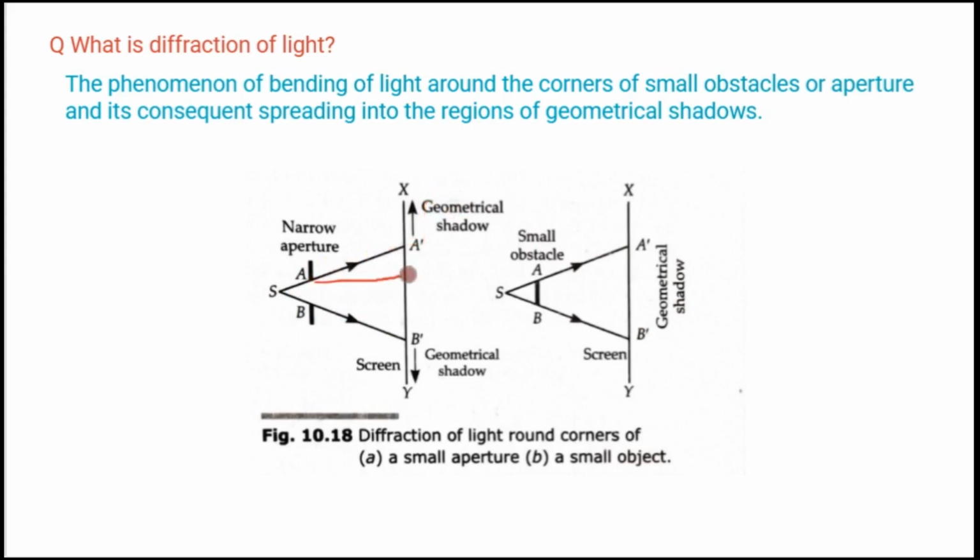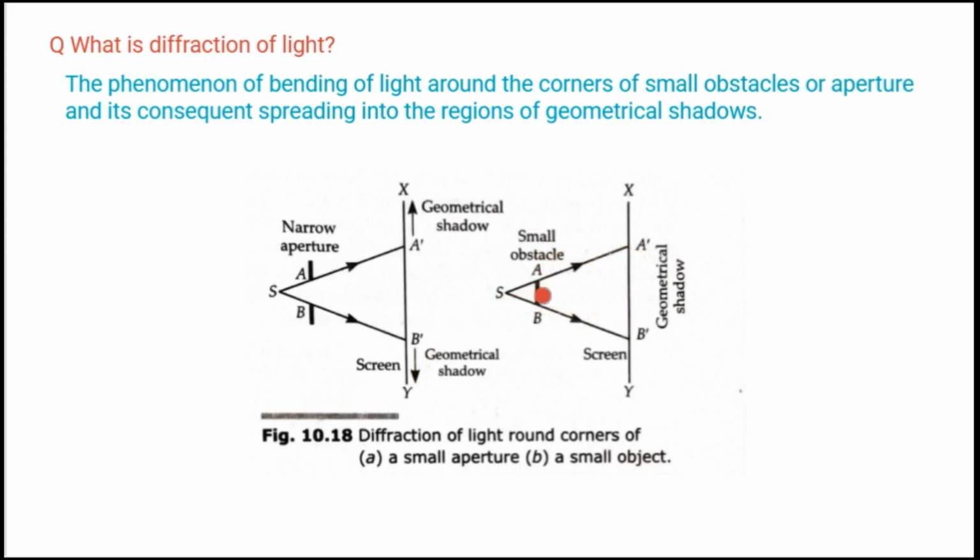This region should be the region of the geometrical shadow. But due to diffraction, the light bends around the corner. Therefore, the size of this bright spot increases, whereas the size of this geometrical shadow decreases. It reduces. The similar phenomenon is observed here also.